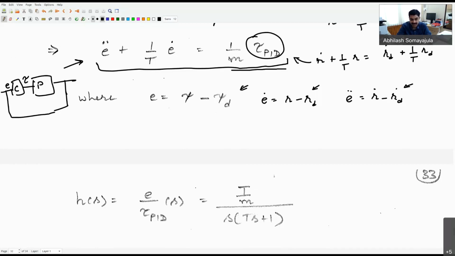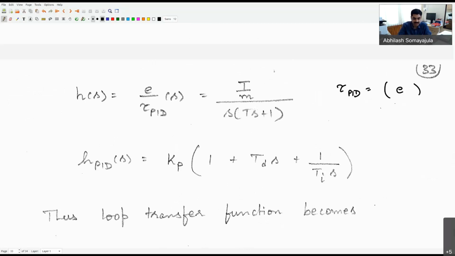Now, I do know that this tau PID is actually some function of the error, and that basically is Kp times error, Kd times the derivative of the error, and Ki times the integral of the error.